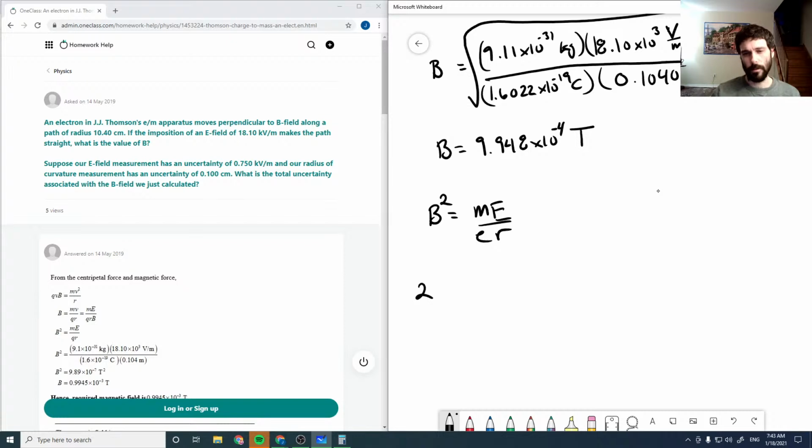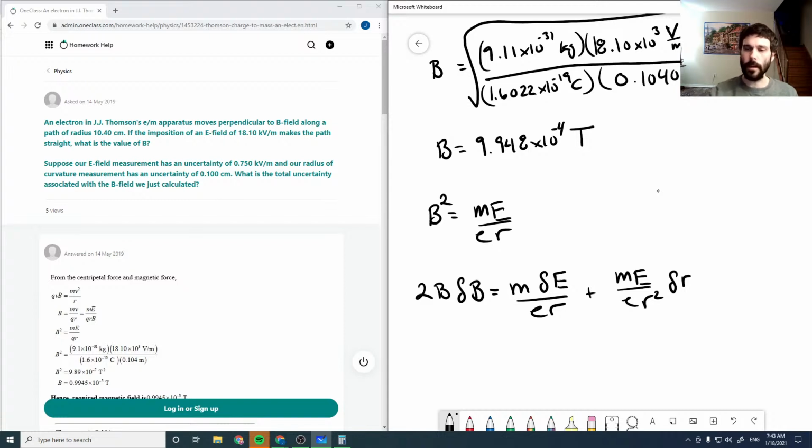So this will give us 2B dB is equal to M dE over ER plus ME over ER squared del R. Where although the derivative of 1 over R would be minus 1 over R squared, the del R is plus or minus.